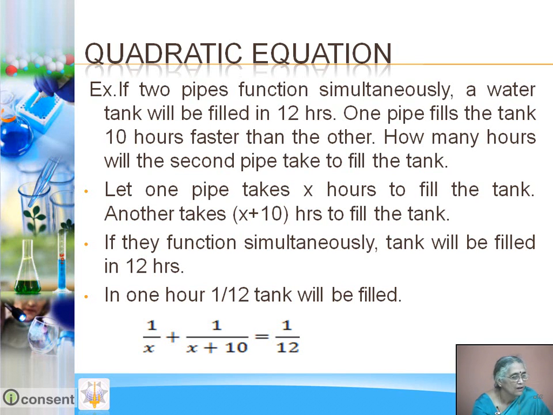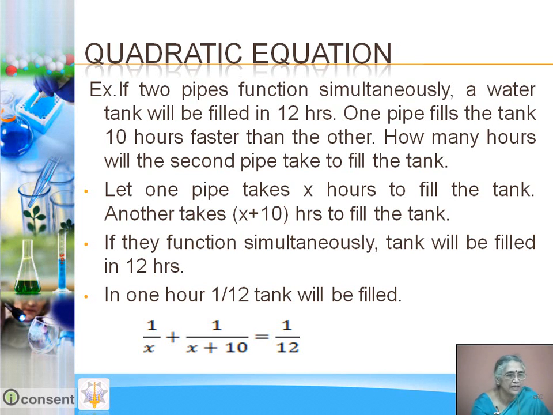How many hours will the second pipe take to fill the tank? Now here, when two pipes function simultaneously, the time required is 12 hours. If you assume one pipe takes x hours to fill the tank and another pipe obviously takes x plus 10 hours to fill the tank.